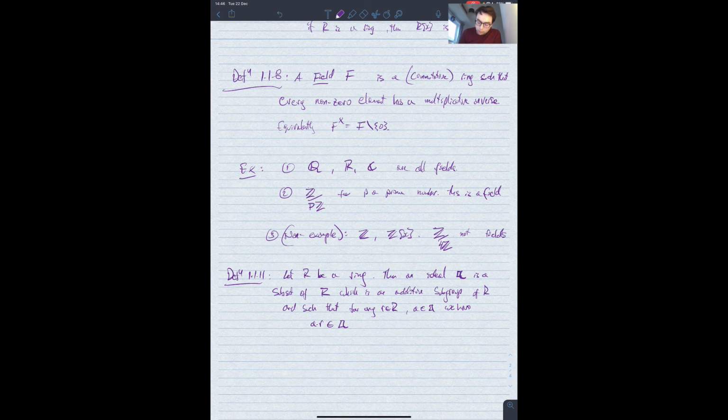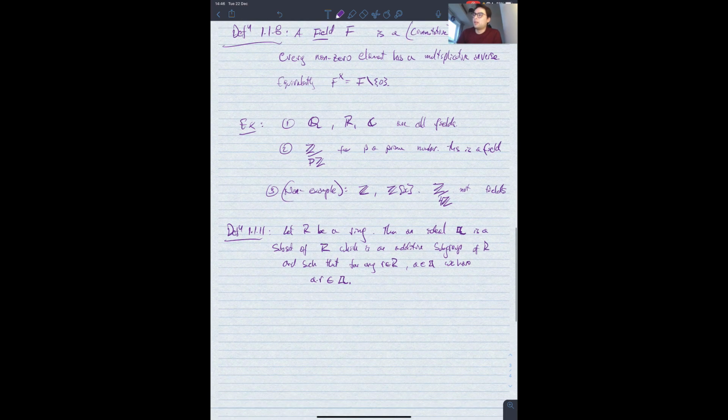So if I take an element of my ideal, multiply by any other element of R, I always land inside of my ideal. This is what an ideal is.